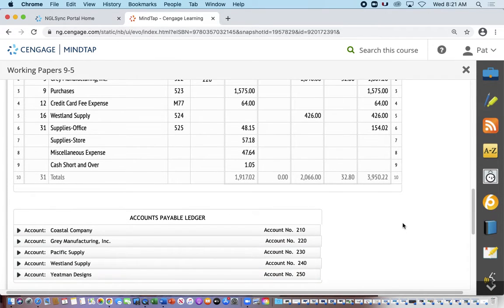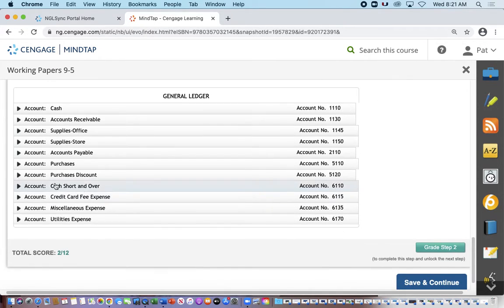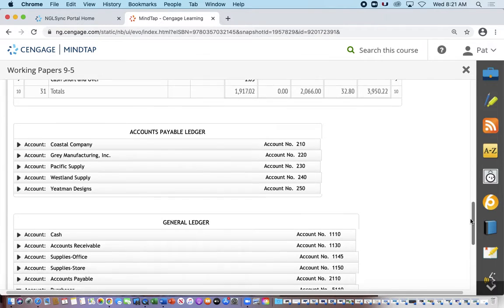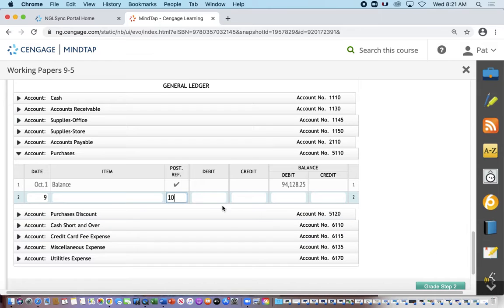Okay? Next one, purchases. So October 9th for $1,575. So we go down the general ledger, put the 9th, page 10, $1,575.